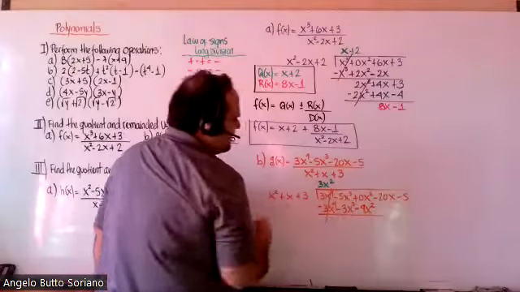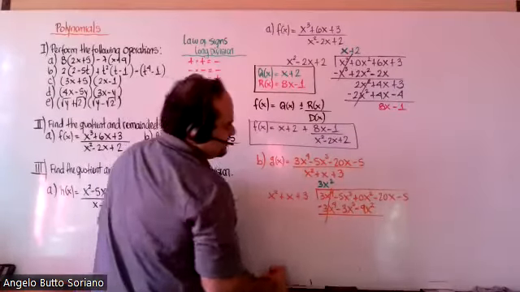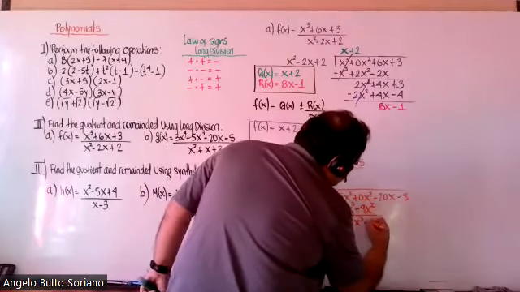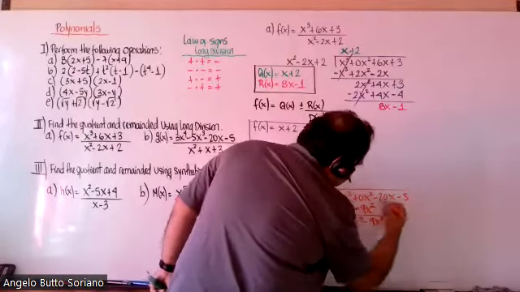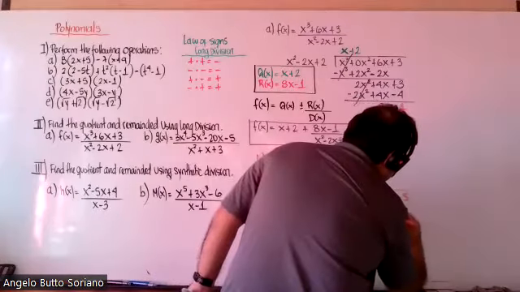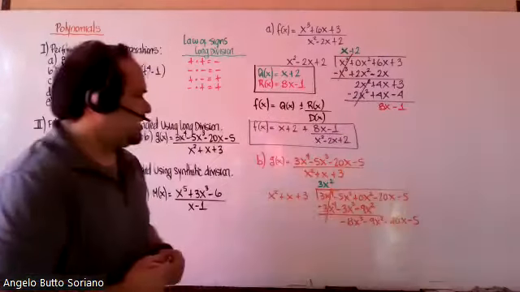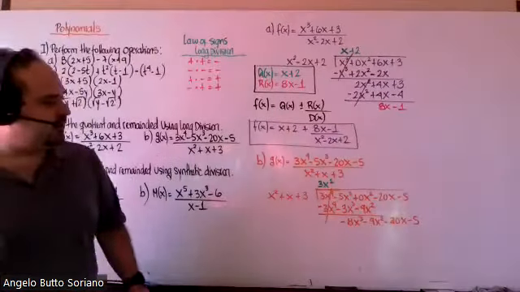Okay, let's simplify this expression. 3 minus 3 will be canceled. Negative 5 minus 3 will be negative 8 what? x cubed minus 9x squared minus 20x minus 5. We can continue with the same situation.